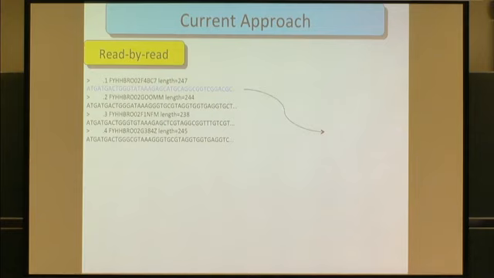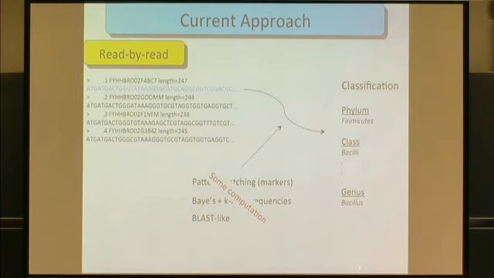It can be different kinds of computations depending on what tool you're using. You could be doing string matching or pattern matching, like if you're using MetaPhlAn. Or you could be using Bayes' theorem, like with a naive Bayesian classifier. Or you could be doing something BLAST-like, like with Thimble. But at the end of the day, you're taking a read and doing some computation on it, and from that computation you get your classification that looks like this.